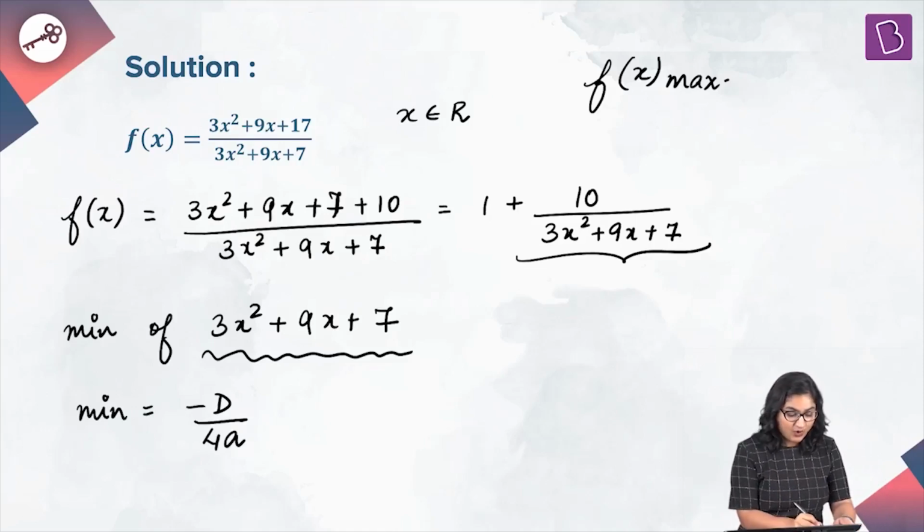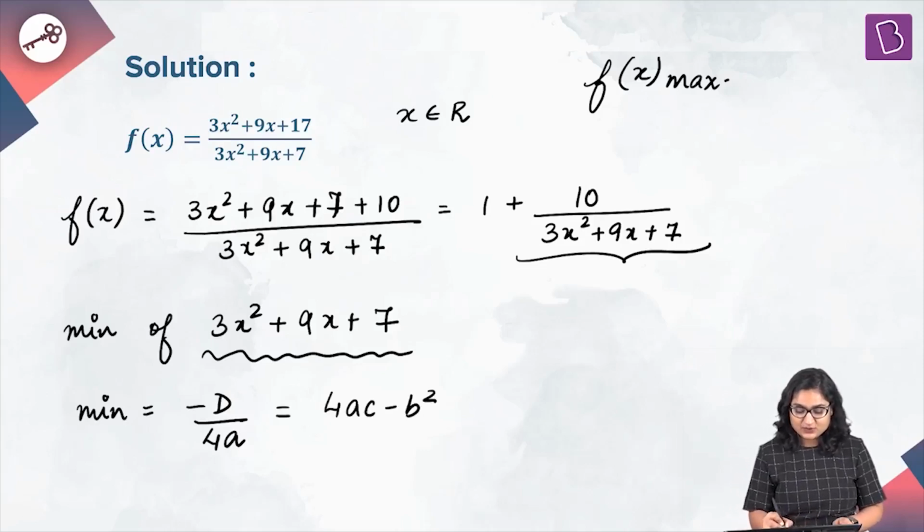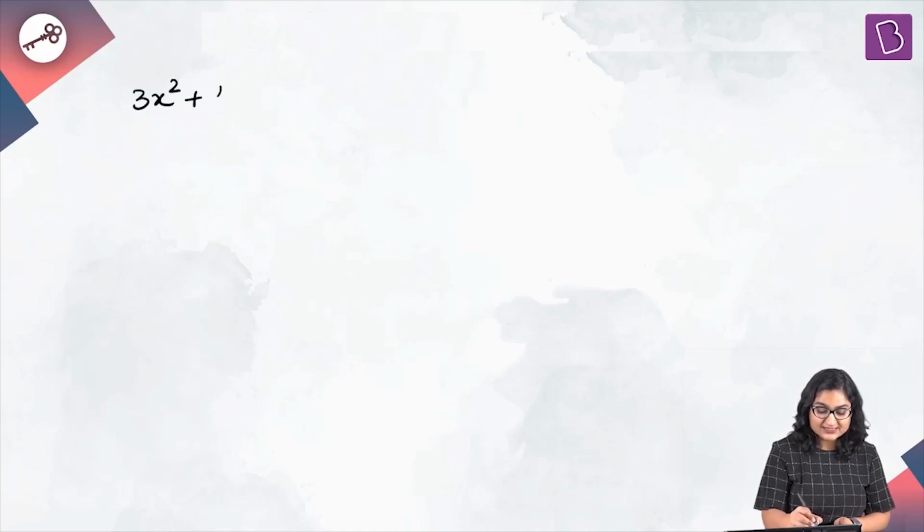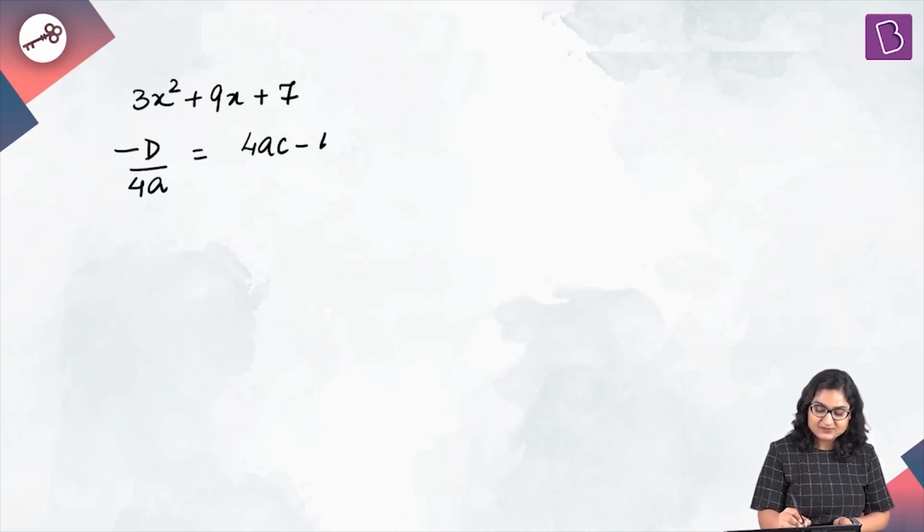All right. Now what is negative D by 4a? It is equal to (4ac − b²) divided by 4a. So the quadratic that we have here is 3x² + 9x + 7, and we have to calculate negative D by 4a, or I would say (4ac − b²) divided by 4a.